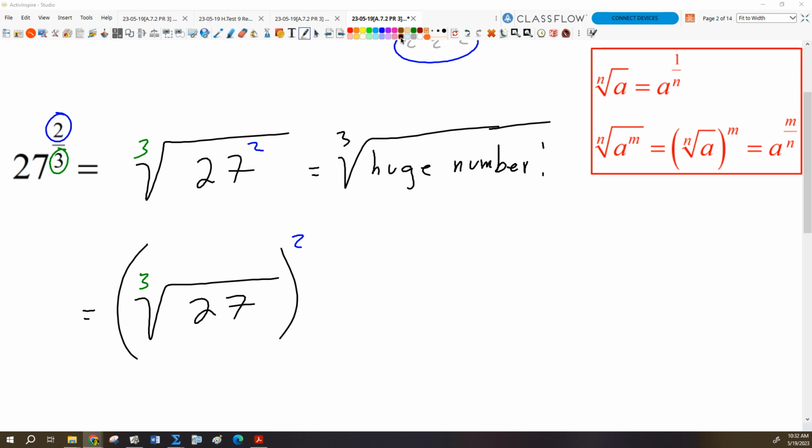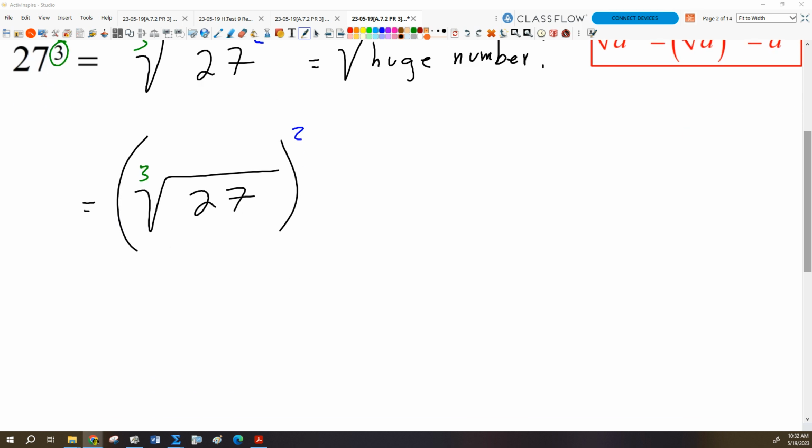We could do it, making a factor tree. We'll come back to that one, maybe. How about the bottom one? What's the cube root of 27? 3. Yeah. So this is equal to 3 squared. Well, that's pretty easy. So which way is easier?